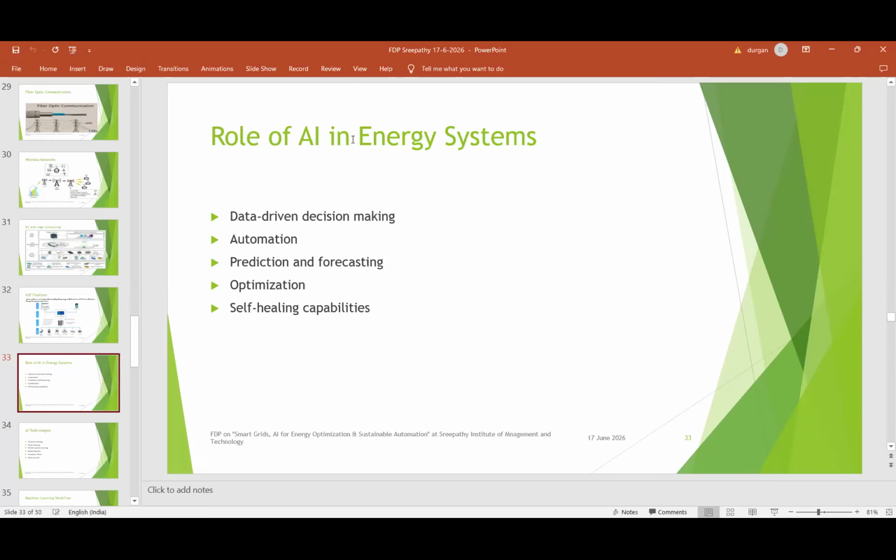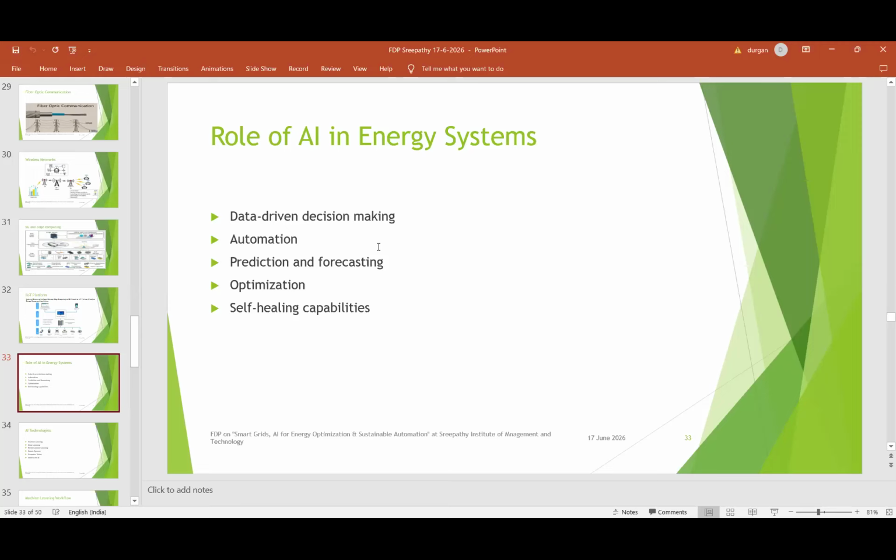Then the role of AI in energy systems. These are the different roles of AI in energy systems: data-driven decision making, automation, prediction and forecasting, optimization, and self-healing capabilities. That is what we are seeing, how AI functions in energy systems.